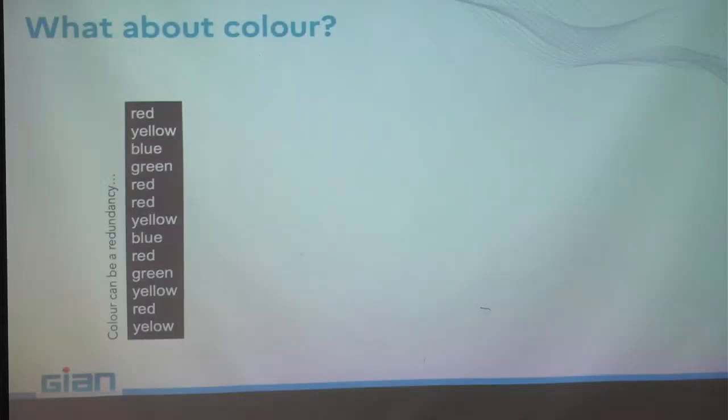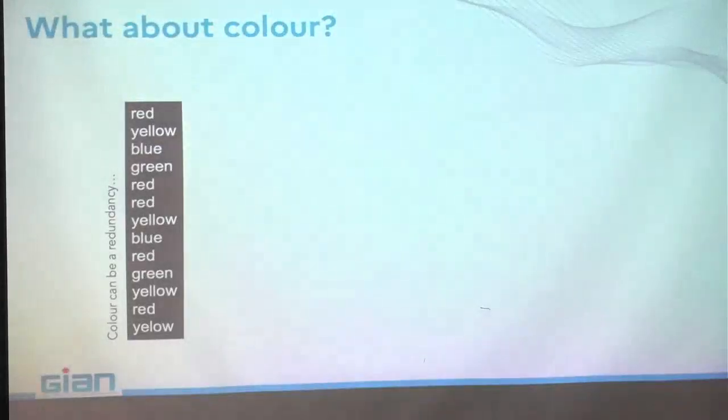Well, what about color? Now, I don't make the experiment here. If I take one by one, and I tell you to read that sequence, and I take the time, you will say red, yellow, blue, green, red, red, yellow, blue, red, green, yellow, red, yellow. Less than 1 second. If I show you now that one, and I ask you to repeat the same sequence, red, yellow, blue, green, etc., the fact that I added the color, I add redundance.